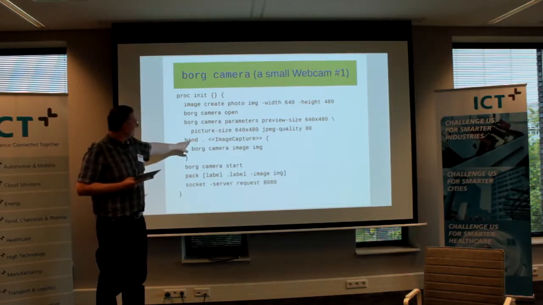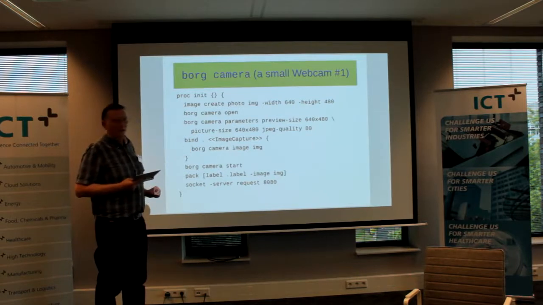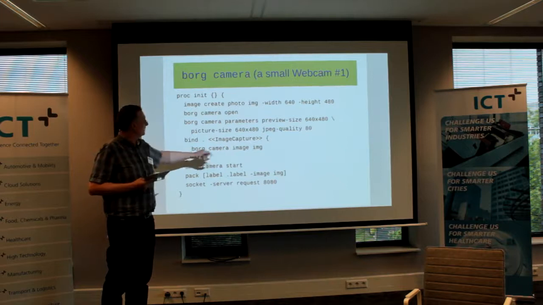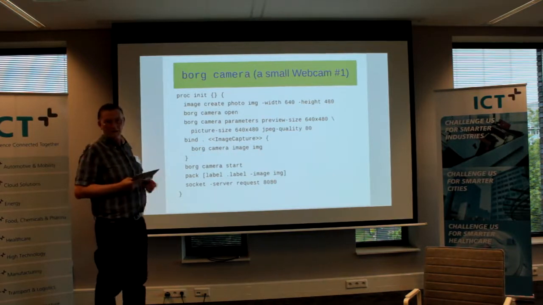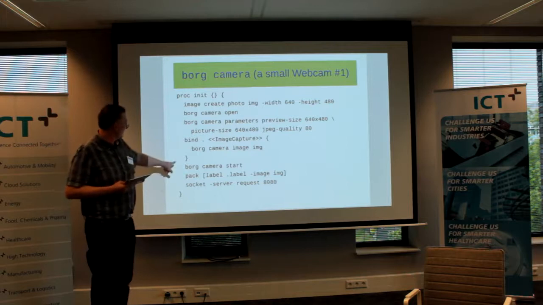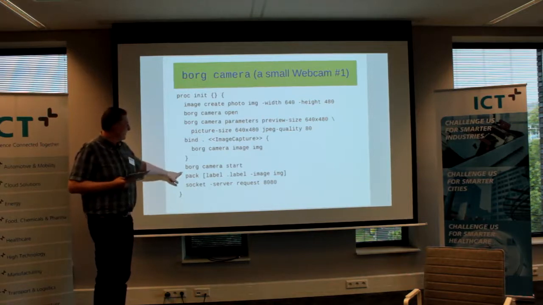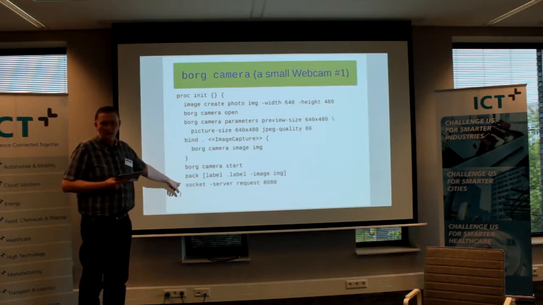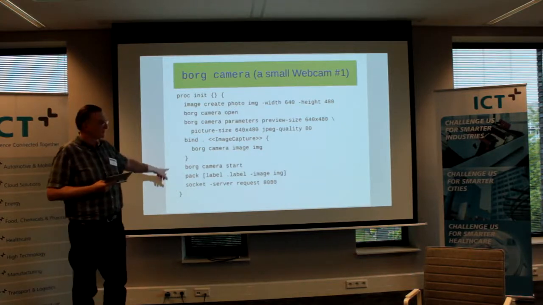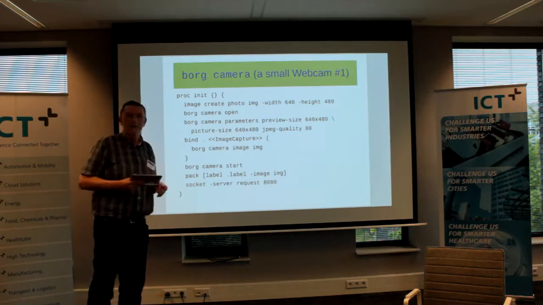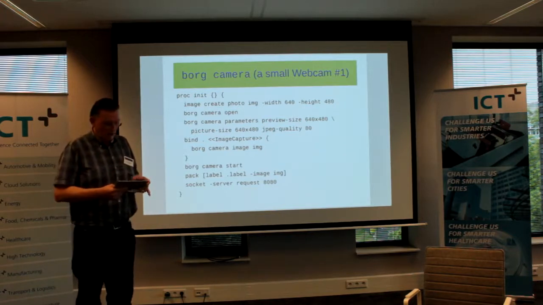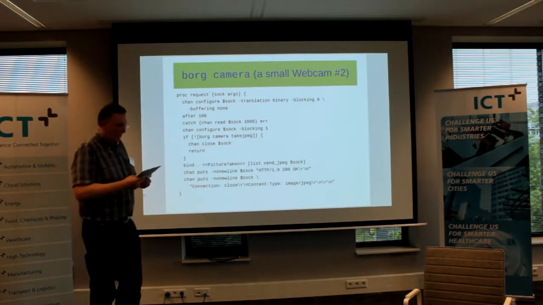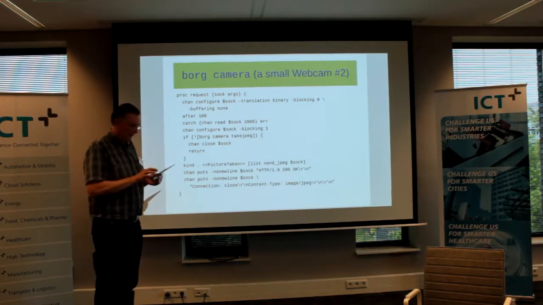Then we bind to the top level the image capture virtual event in order to read the last acquired image into our Tk photo image. We start the camera, we pack the image into a label, we start a socket server because it shall become a real webcam, and I'll show you the result.